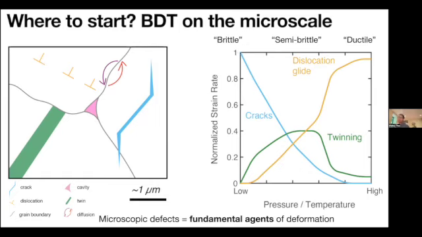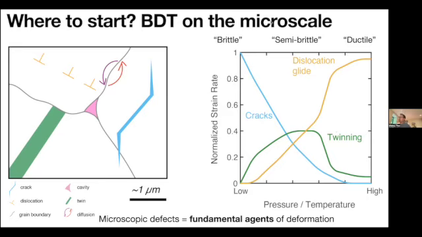If all the deformation is accommodated by cracks or by cavities, which are basically all defects that have some positive dilatancy, so they have some positive change in volume as they form, then we would call this deformation brittle. And if we have only volume-conserving defects, such as dislocations or twins, deforming the rocks, then we would call that ductile. And how exactly this transition occurs is, of course, generally not too well constrained.